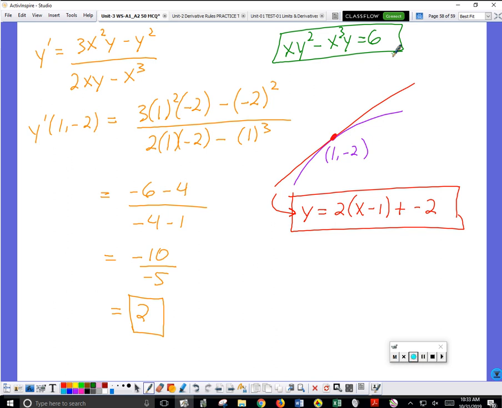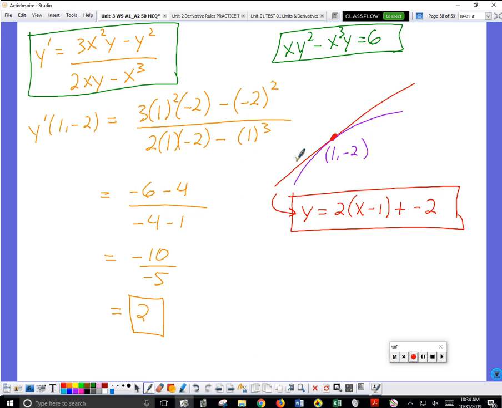Then we found this equation, which can be used to find any slope on the curve. We then used the line template to write an equation to find any point on this red line. So 3 separate ideas. Very good.